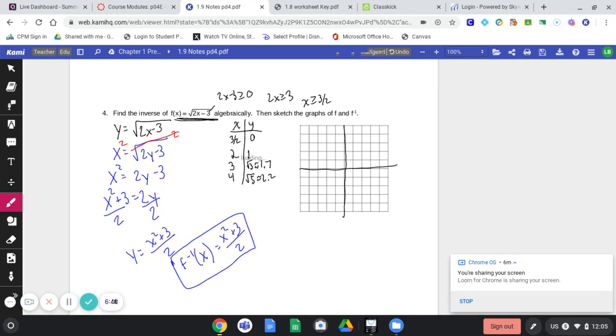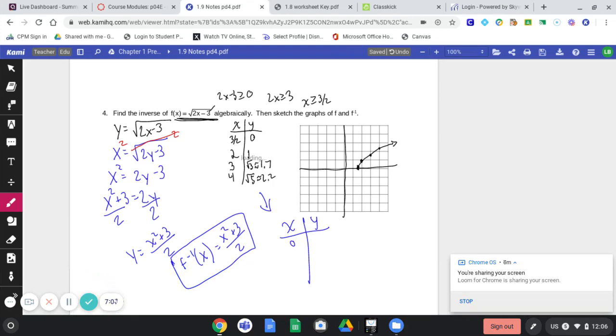So if I plot these points, 3/2, 0; 2, 1; 3, 1.7-ish; 4, 2.2-ish, we're looking like that. Now remember, again, our x's become our y's and our y's become our x's. So our inverse is going to change our values.